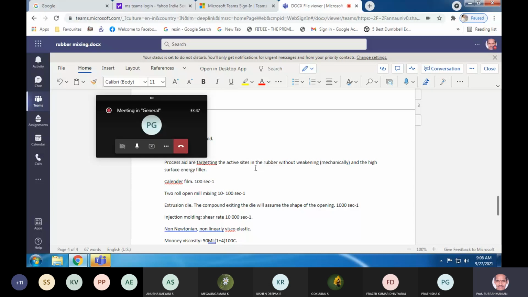And in case of the SBR, the styrene content, which you must have studied, ranges between 23 mole percent to 25 mole percent. Meaning, if you take 100 monomers of the rubber, randomly, as a statistical average, you will have 75 monomers from butadiene and 25 monomers from styrene.